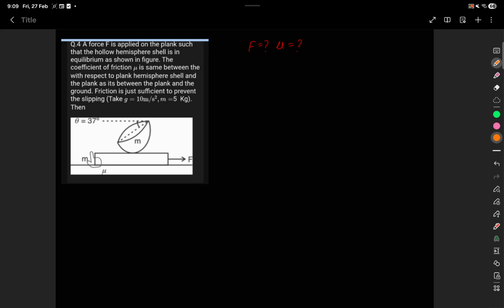In the question it is clearly given that this mu is sufficient so that no slipping occurs. You are applying a force over here, and you need to find out these values. So let's draw the figure first. This is the figure.